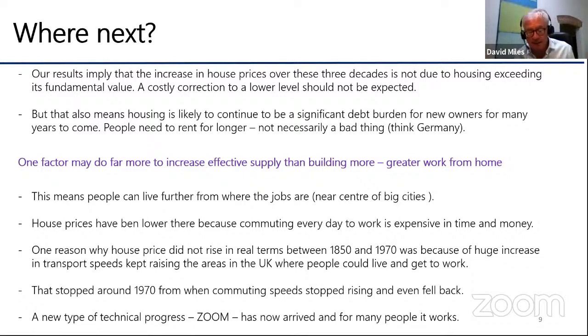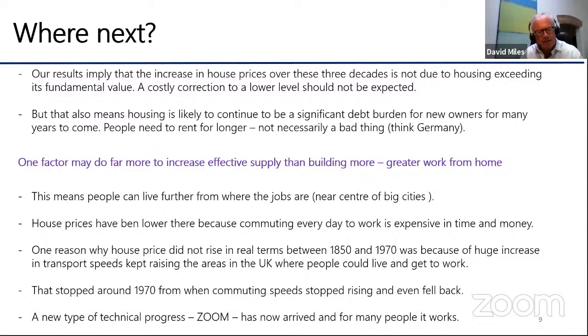Maybe your job stays there, but you can work from home half the time, and therefore the commuting cost in terms of time and money, which might be unsustainable if you had to be in the office every day, becomes much more feasible if you only have to be in the place of work 2.5 days a week.